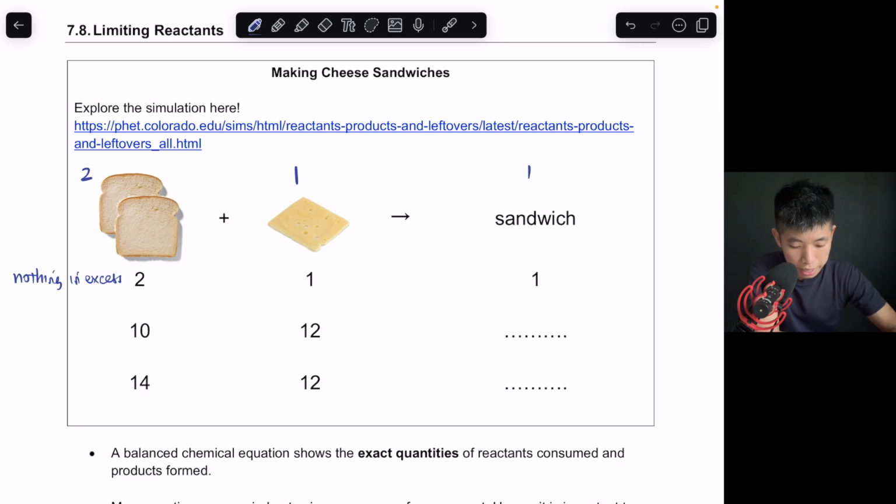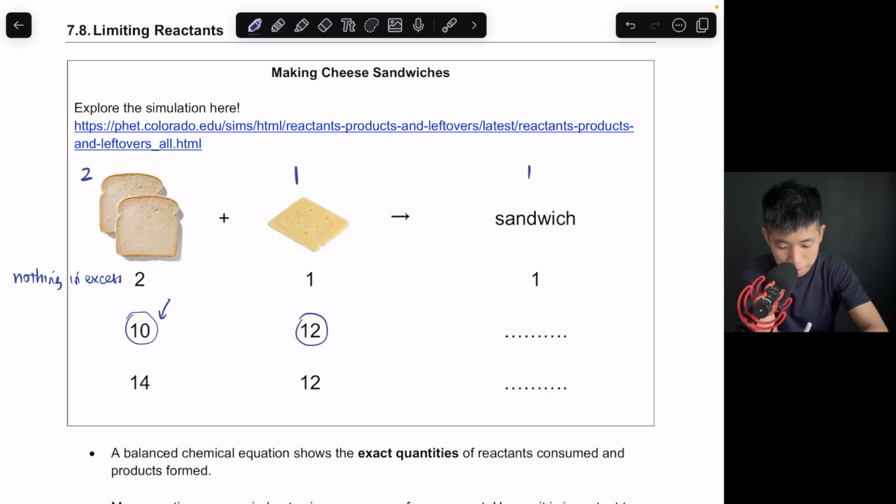Let's work with another set of numbers. Let's say I'm going to use 10 slices of bread with 12 slices of cheese. Okay, then the question here is, what is the maximum number of sandwiches that I can make using this quantity of reactants? So you'll probably answer that it is 5, correct? I have not enough bread, right?